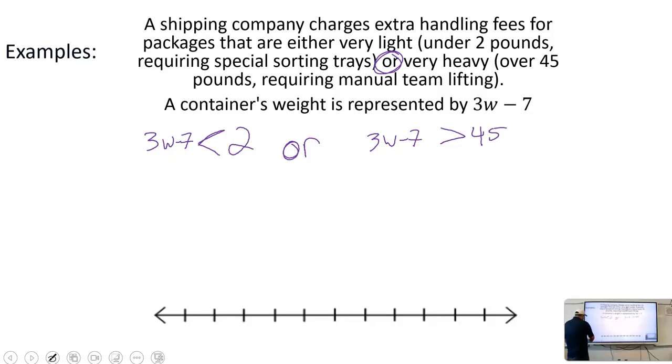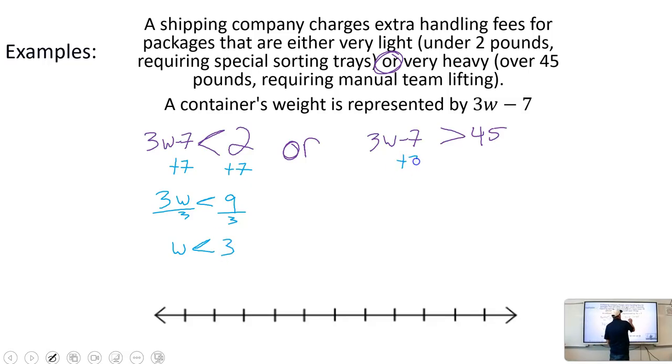So let's go ahead and solve this. So we're going to add 7 to both sides on this one over here. We get 3W is less than 9. Divide both sides by 3. W is less than 3. Over here, let's add 7 to both sides.